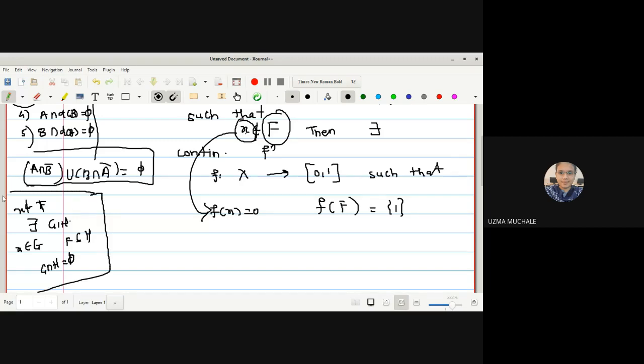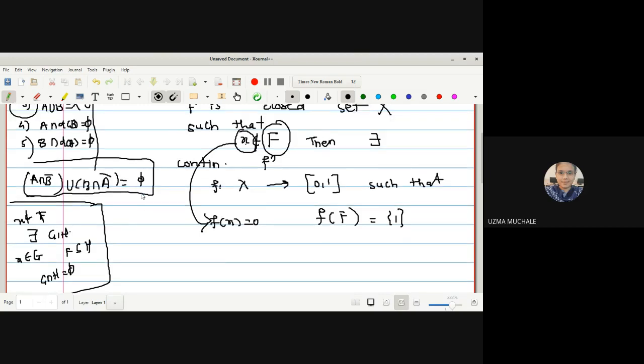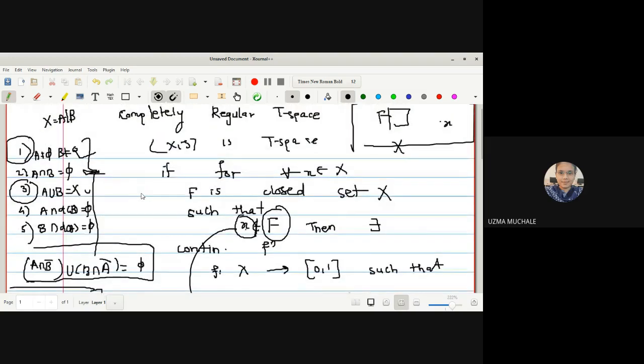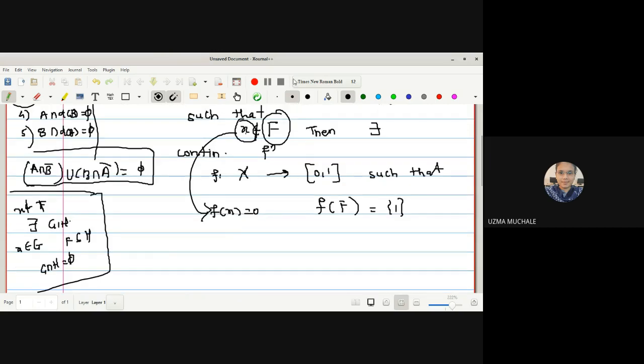Do you remember this one? Yes, ma'am. Regular space. So here, in completely regular, instead of having the two open sets, we have to define a mapping f from X to the closed interval [0,1] in such a way that the element is mapped to 0 and the closed set is mapped to the singleton. It is very similar to your definition of a regular space.